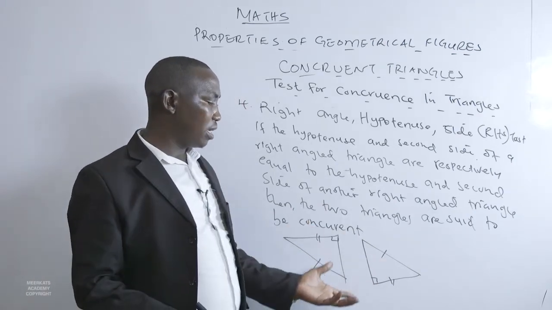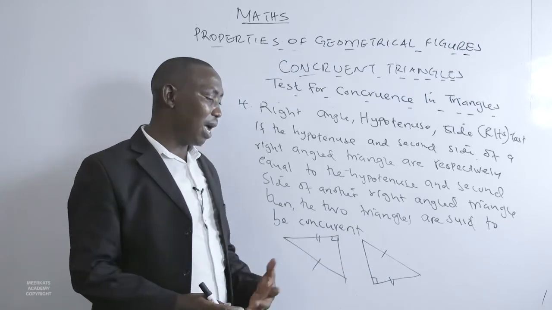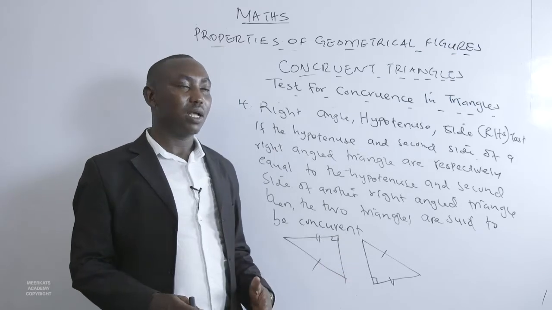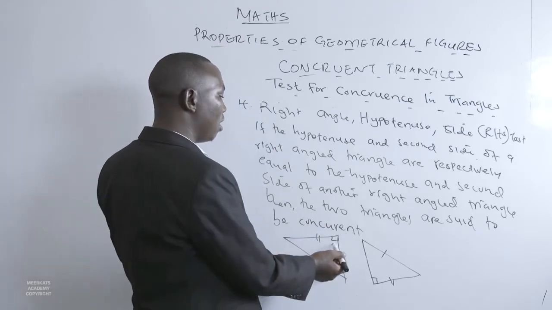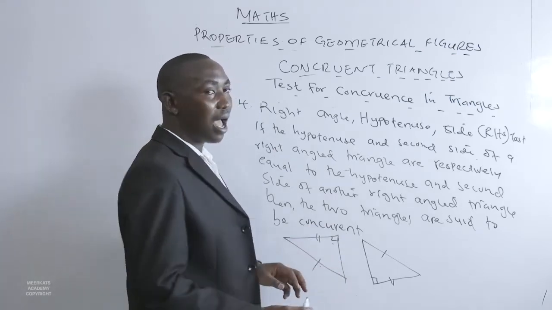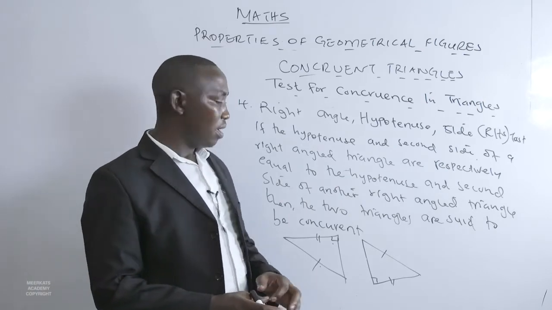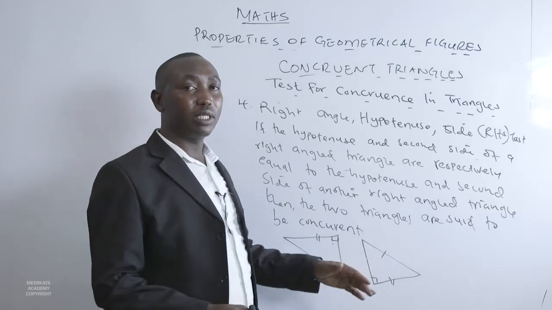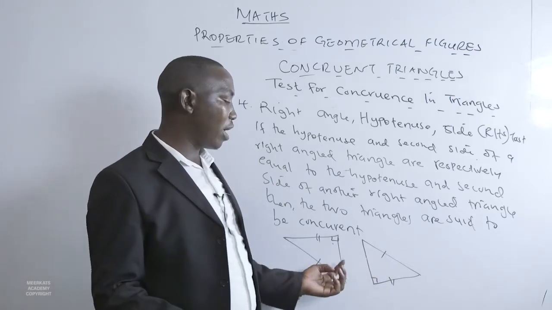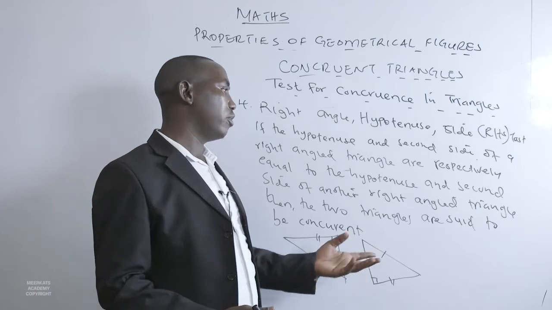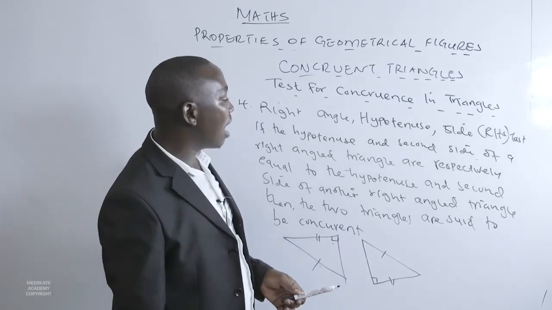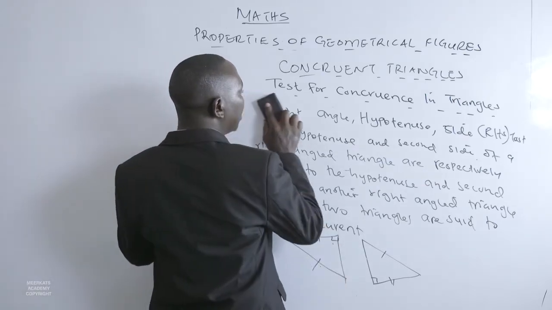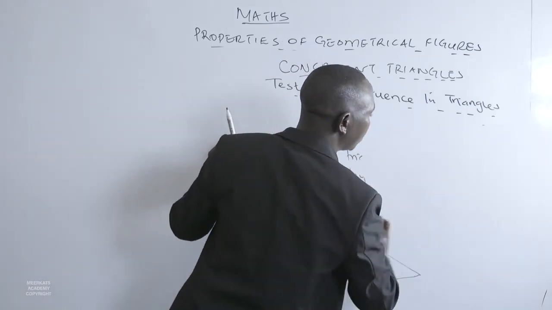Then in that case, these two triangles will be said to be congruent by the right angle, hypotenuse, and one of the sides. Because of course, if these are equal and these are equal, that will tell you automatically that the third ones are going to be equal. And then of course we have the right angle there.